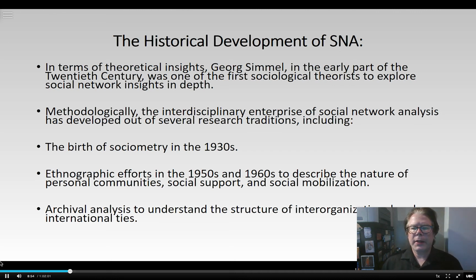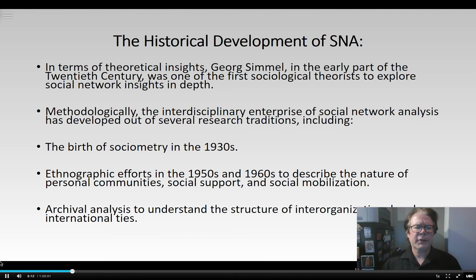There's been a variety of waves of development of social network methodology. So in the 1930s, sociometry was developed. This is a form of graph theory that mathematicians were involved in.